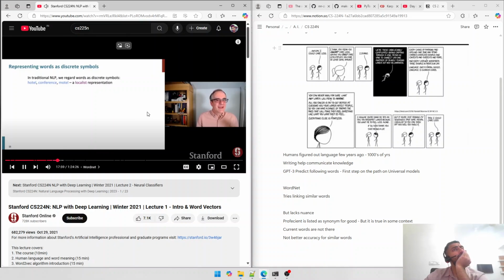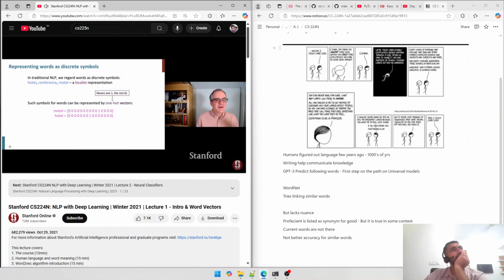So we have symbols like hotel, conference, motel, our words, which in deep learning speak, we refer to as a localist representation. And that's because if you in statistical or machine learning systems want to represent these symbols, each of them is a separate thing.